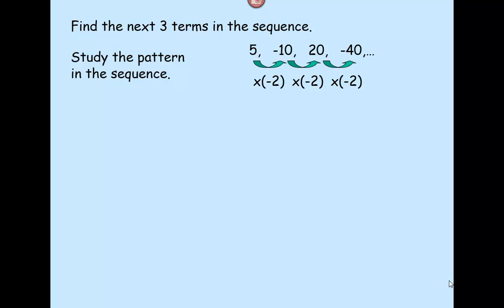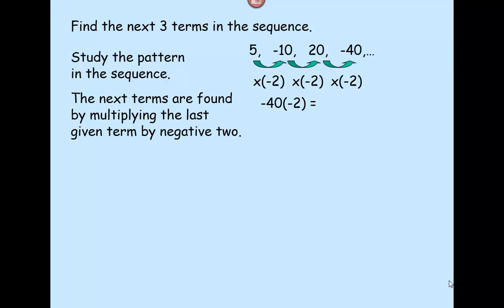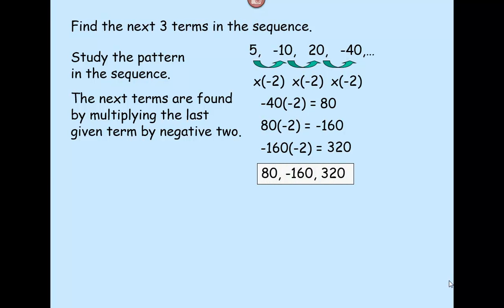We go ahead and we follow the term, so we say negative 40 times negative 2 would be positive 80. The next one's going to be 80 times negative 2, which is going to flip our sign to negative 160. And negative 160 times negative 2 is going to flip it back to positive 320. And we write our three terms.